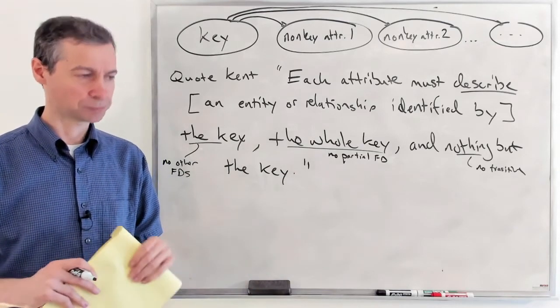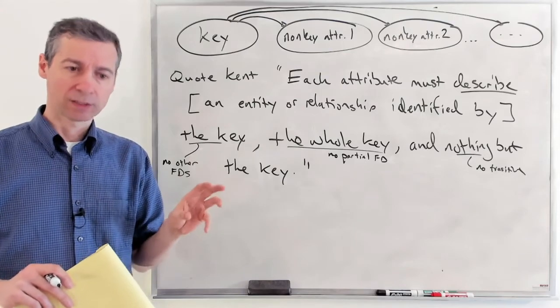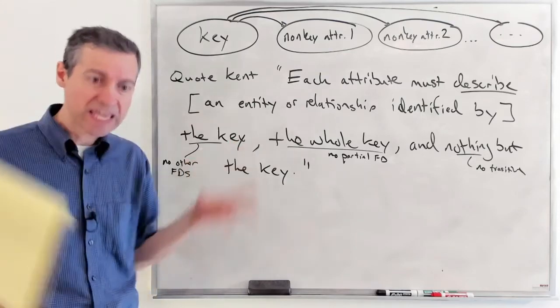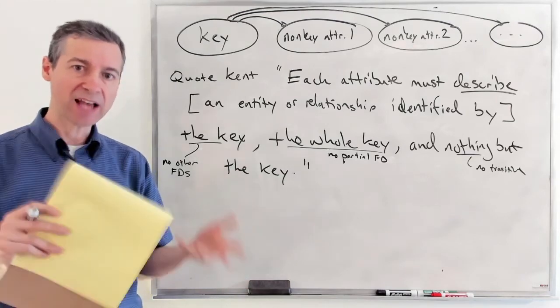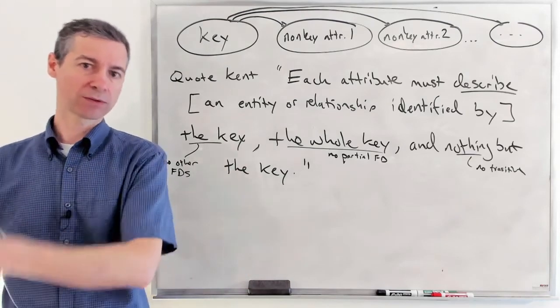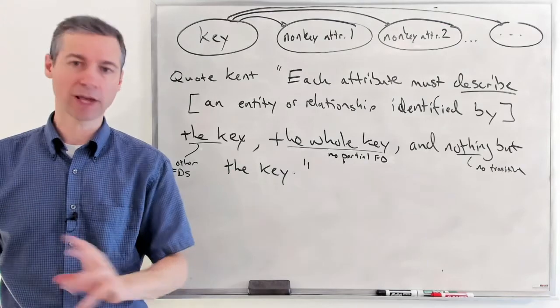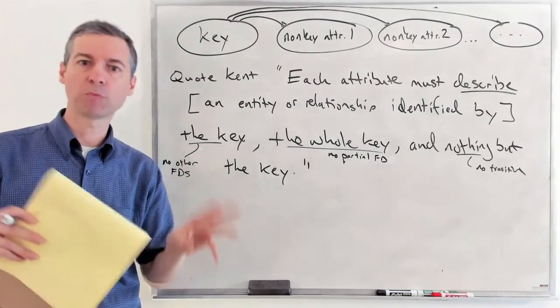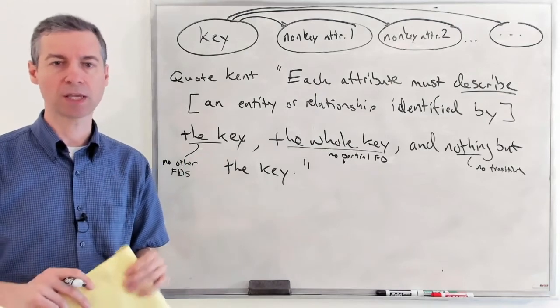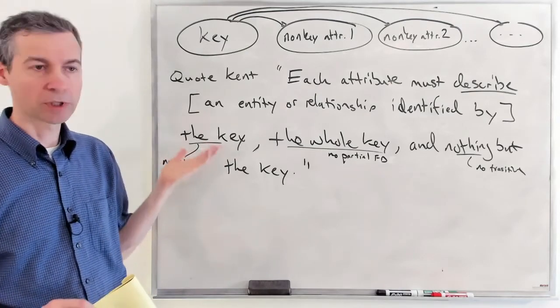But so long as it's the keyness, the thing that identifies uniquely that row, that then determines what the values of the attributes are and nothing else, the other attributes don't determine each other, and there's not some sub part of a key, we're going to be good.